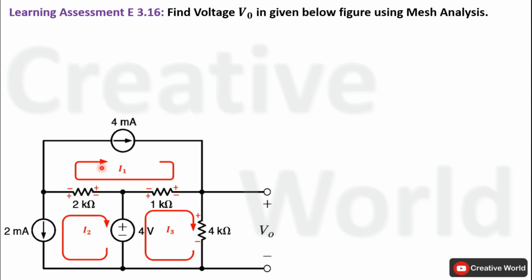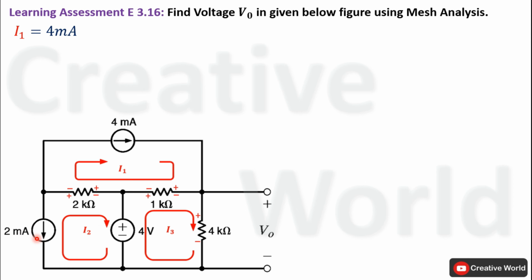If we observe, current through this mesh is 4 milliampere and it is flowing in the direction of current I1. Current I1 is also flowing through this branch due to series connection. So we can say that current I1 through this mesh will be equal to 4 milliampere. This is the first mesh current equation of this network. Similarly, current through mesh 2 is the current of this constant current source, that is 2 milliampere.